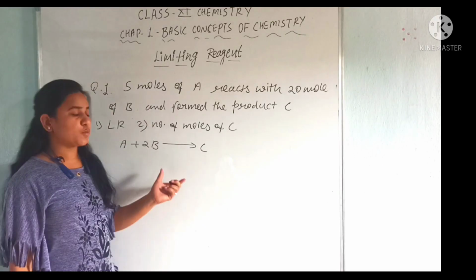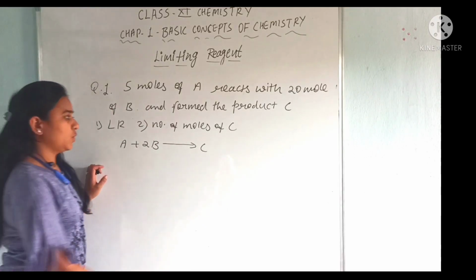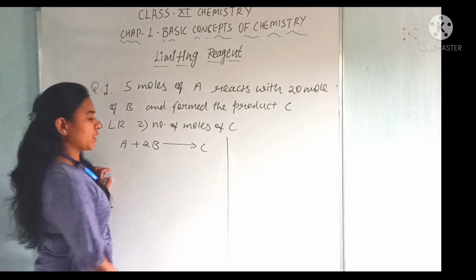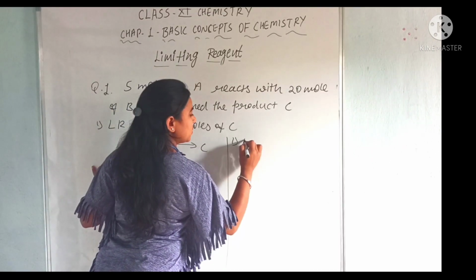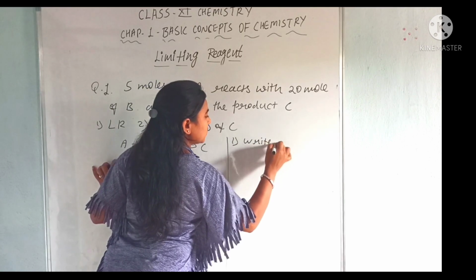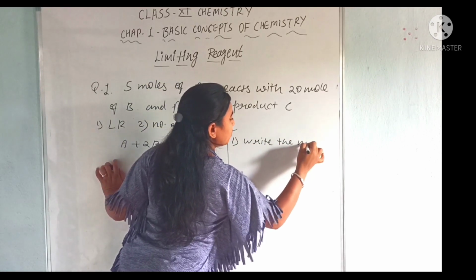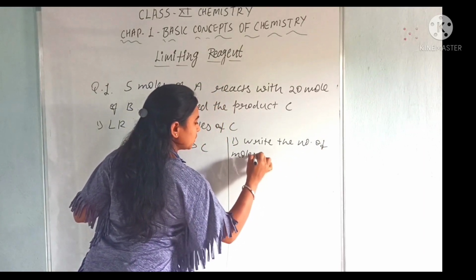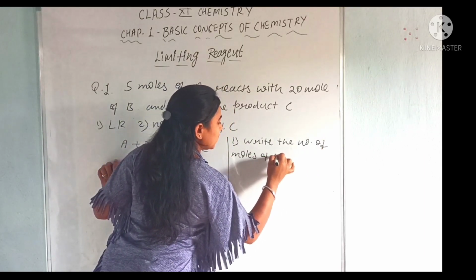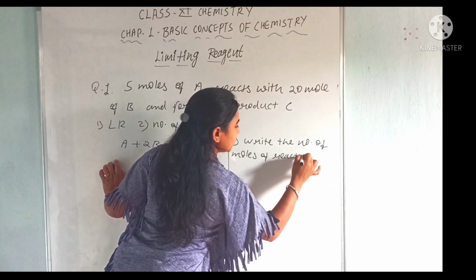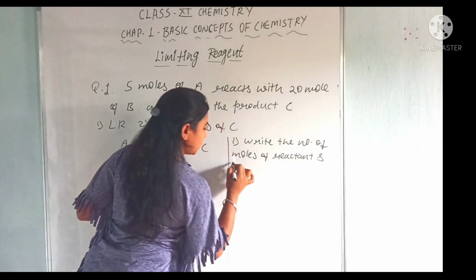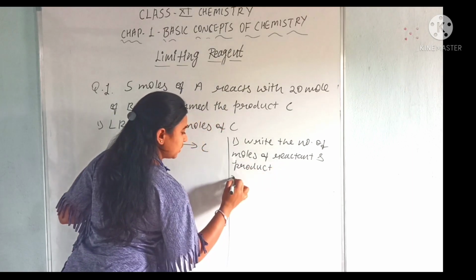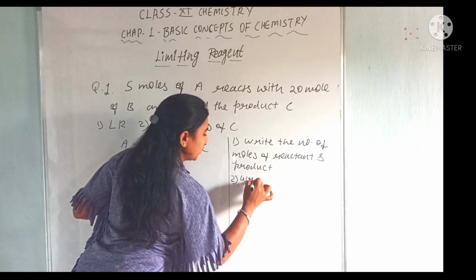To solve this kind of problem, let's first see an easy way. First, write the number of moles of reactant and product. Second, write the stoichiometric coefficient.